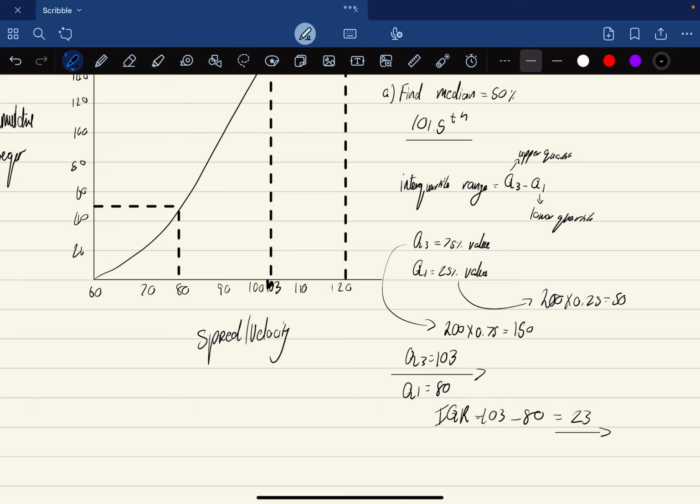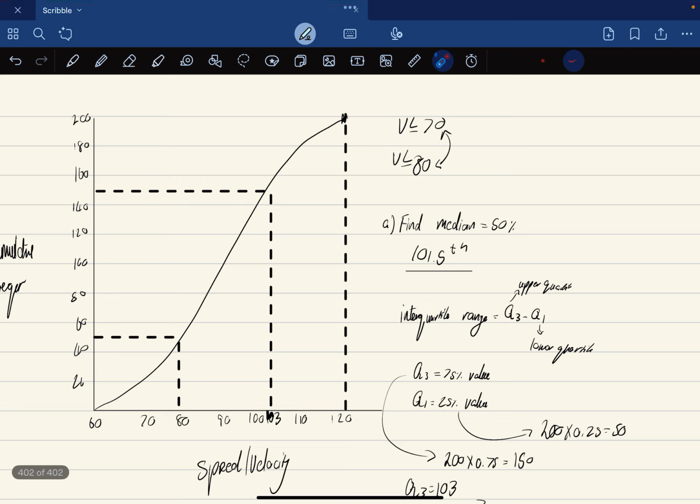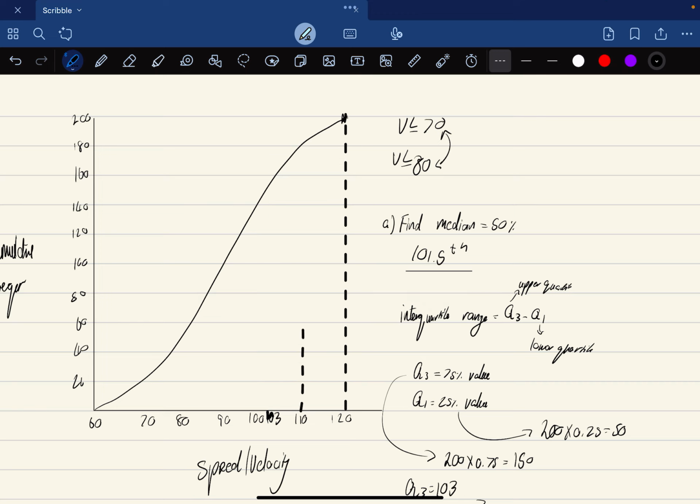Cool, happy? Then it says the number of cars with a speed greater than 110 kilometers per hour. That's also not too challenging. Let me just rub out these lines. We find 110, no, 110's here. We go up.